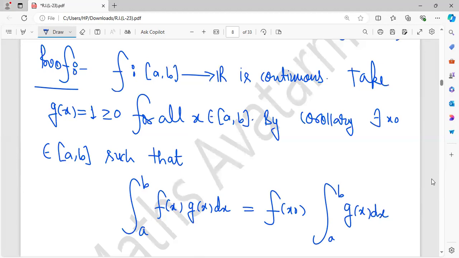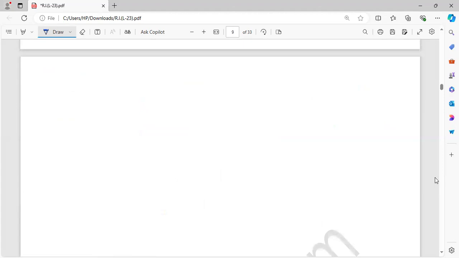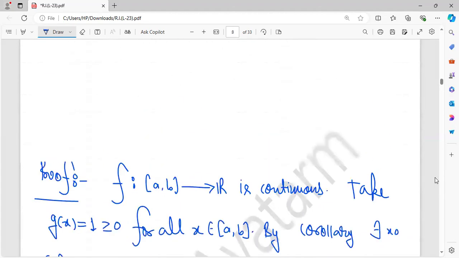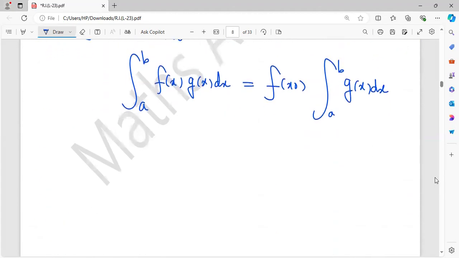But g(x) is 1, so we put the value of g(x) here.